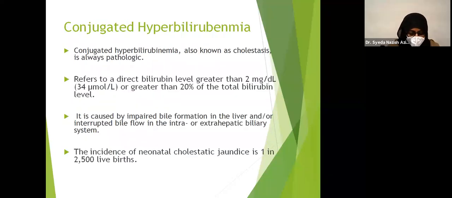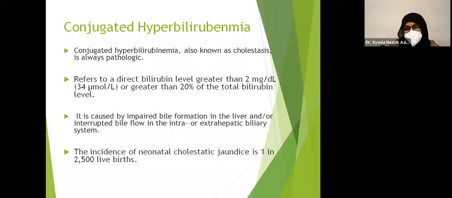Moving on to the second category of jaundice, conjugated hyperbilirubinemia, also known as direct jaundice. It is also referred to as cholestasis, and just remember it is always pathologic; it is never physiologic. And what is the cutoff to define it?